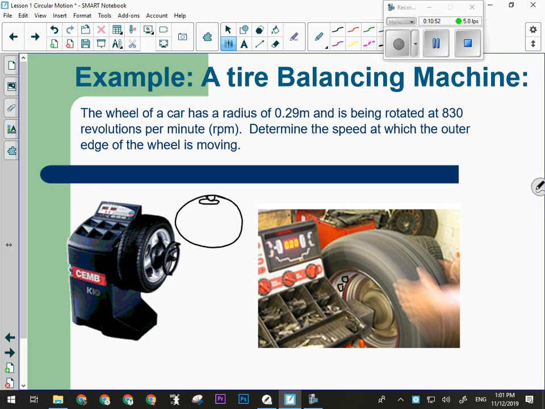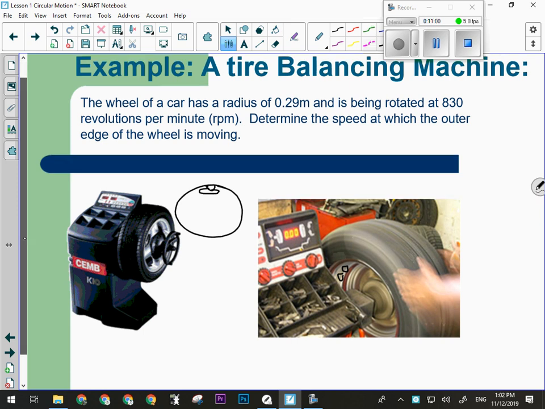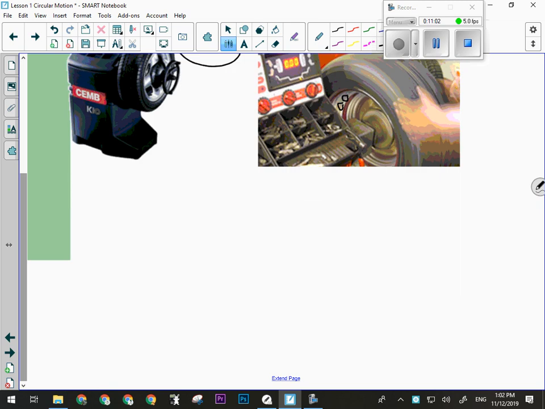Important. Now, what we want to do is figure out the speed at which the outer edge of the wheel is moving. We talked about a new term here, and that was period. Period, like we said, is symbolized by capital T, and it is the seconds per cycle.